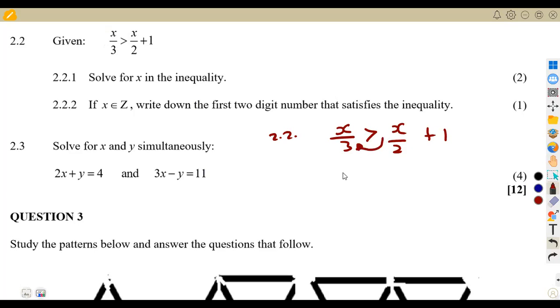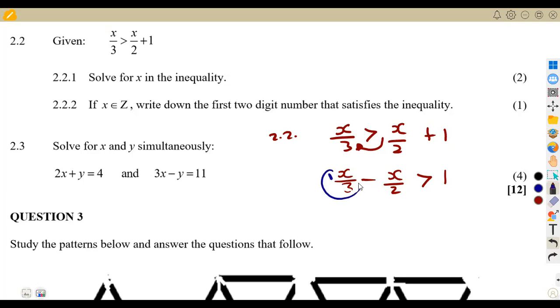It was a positive here. So it's going to be x over 3 minus x over 2, which is greater than 1. Moving a number or terms to the other side of an inequality does not affect your inequality sign. The inequality sign is affected when you divide by a negative or multiply by a negative. That's where it reverses.